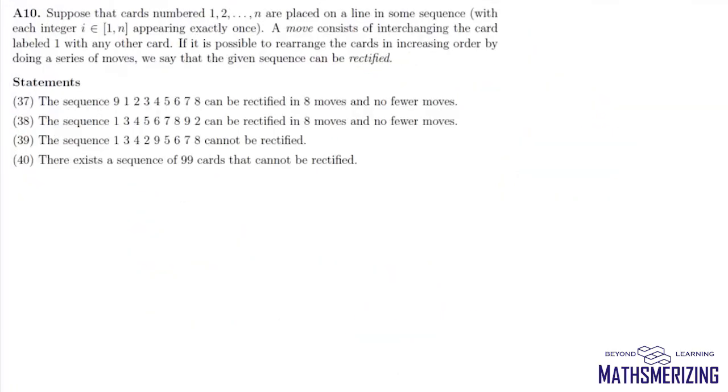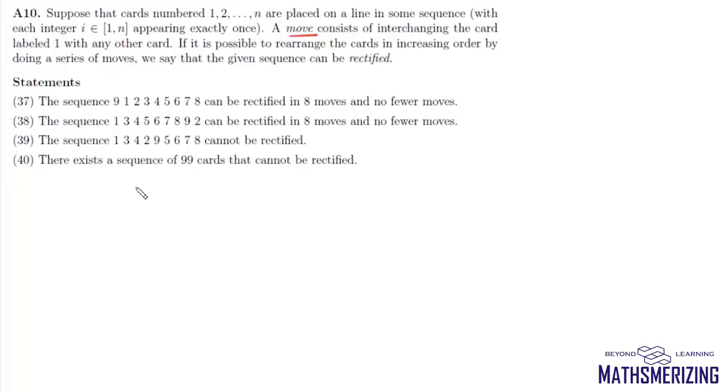Now in question number 10, it says we have n cards placed in a line in some sequence, and a move consists of interchanging card 1 with any other card. If it is possible to rearrange the cards in increasing order by doing a series of moves, then we say the given sequence can be rectified.